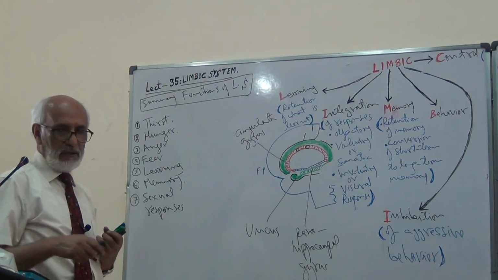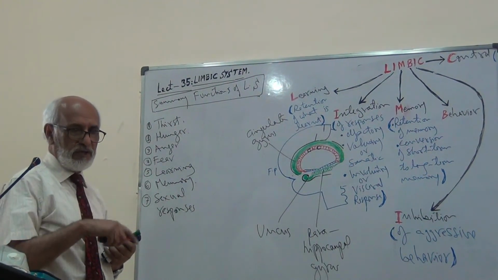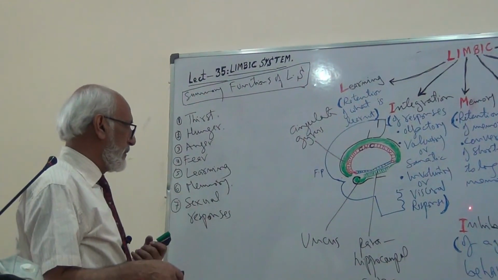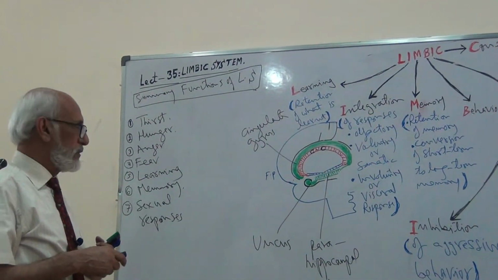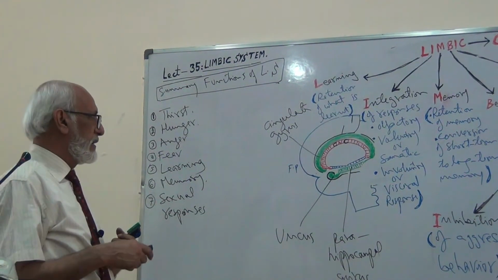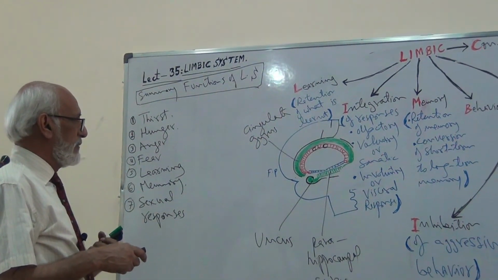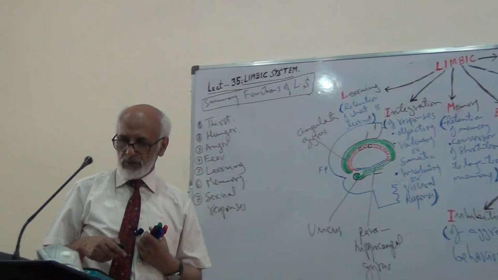Then memory, there is retention of memory and conversion of short-term memory into long-term memory, an important function. Then behavior of the individual is also controlled. Then the inhibition of aggressive behavior. And lastly, the main function of the limbic system is control of emotions.